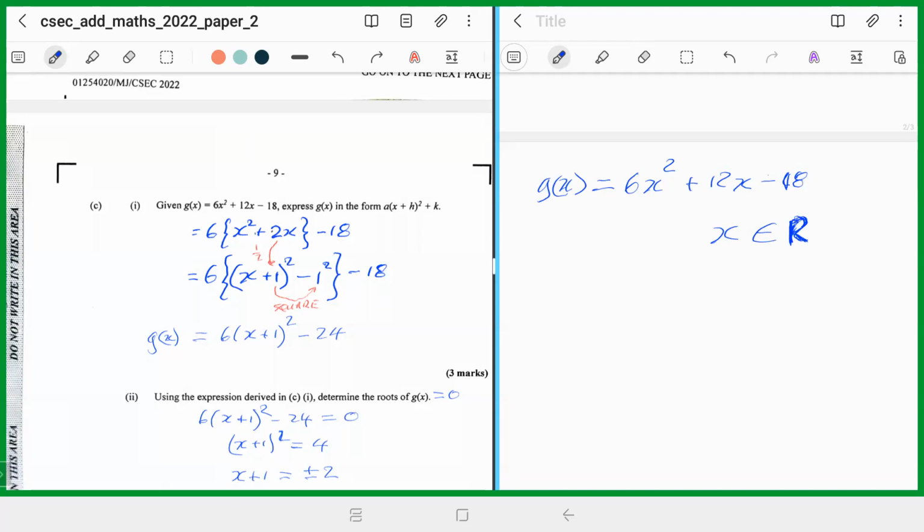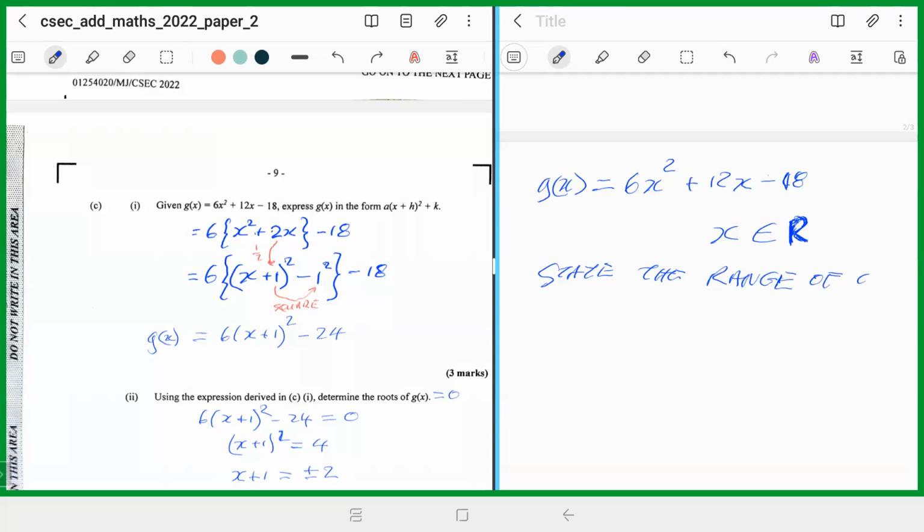And the question says, state the range. The range is based on your domain. The range must be in reference to your domain. So given that this is the domain, state the range of g of x.